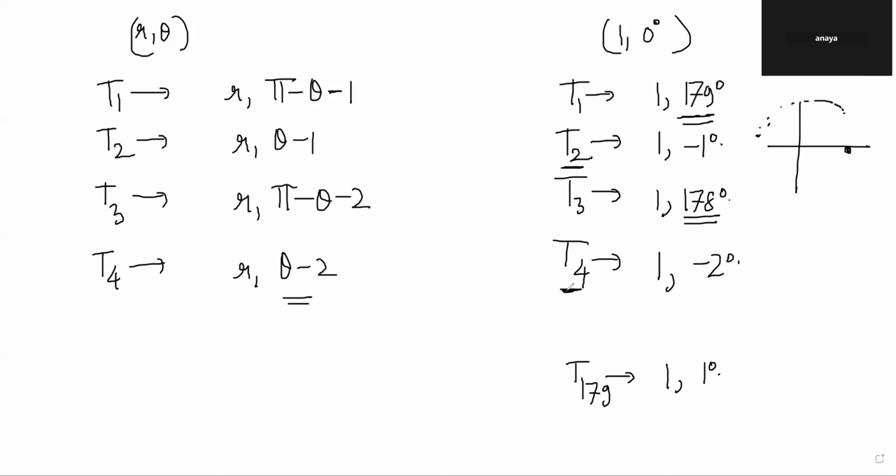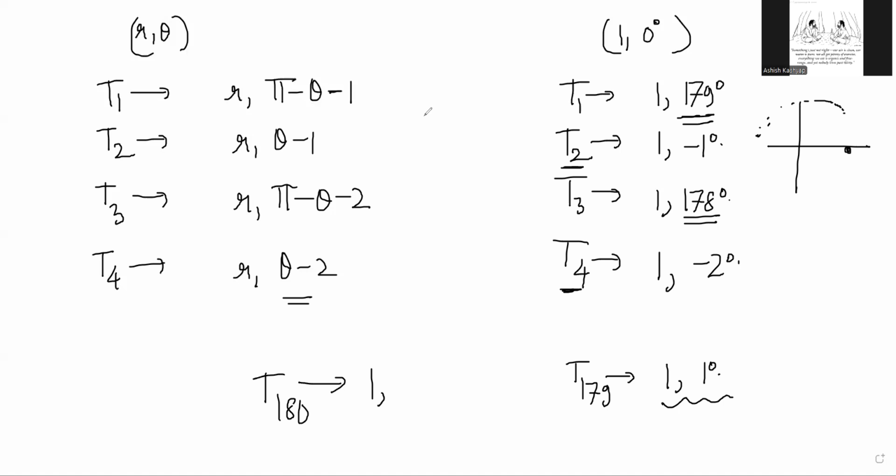T180, okay, so then what will happen when I do T180? I'm applying the normal operation to this, right? Yes. It will become 1 comma 180 minus 1 minus 1, right? Right.